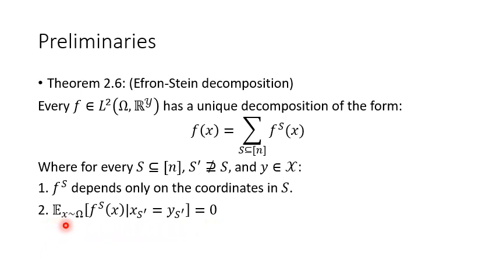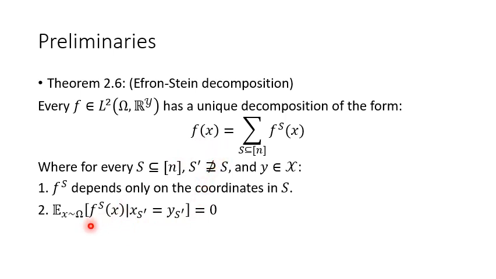This second requirement can be intuitively thought of as when we take an expectation and we fix all the coordinates of x except at least one coordinate that we will leave unfixed, because S should have an element that is not in S tag.